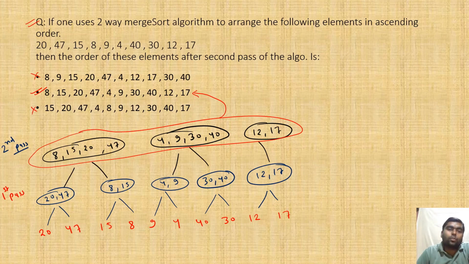It is not an in-place sorting technique, because we take extra space in the merging procedure. And it is a stable sorting technique, because the order of repeated elements is preserved before and after. These are the few important points, and we also saw how passes work in the merge sort algorithm by solving that particular question.